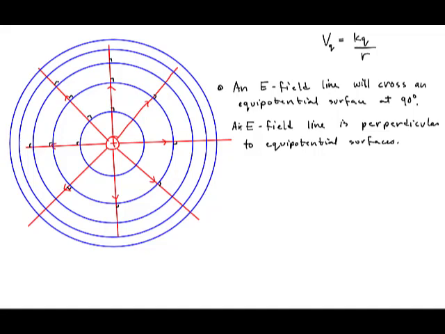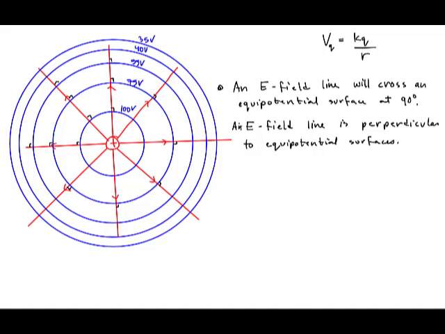Another thing I want you to note, based off of our previous examples, notice how I drew and indicated the electric potential as decreasing with distance. And notice that the electric field lines point in the direction of decreasing electric potential.